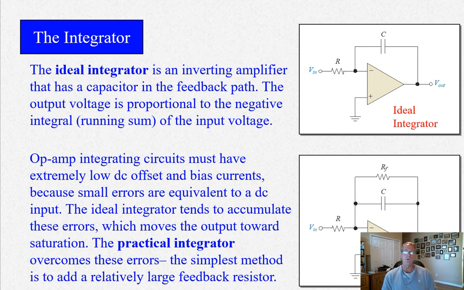The other thing we do is we add a really large resistor, a couple hundred K or a megohm, right across that capacitor, and that tends to help things out a little bit too. It drains off that small voltage, okay? So we add a relatively large feedback resistor, like a 200K or higher, maybe a megohm. I've used a megohm. Now the other thing, let's go to the next slide.